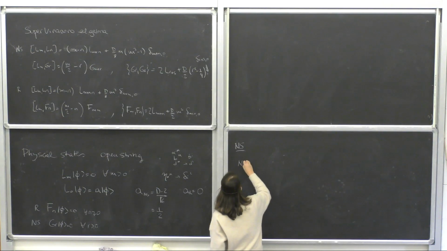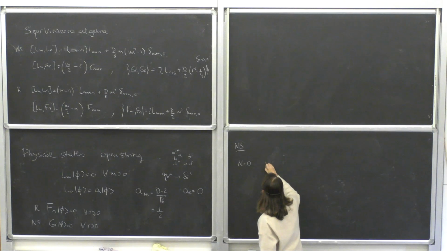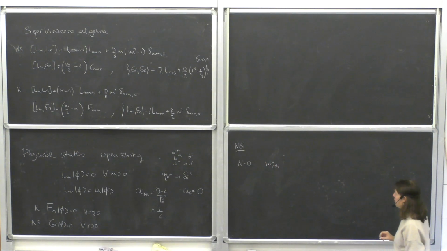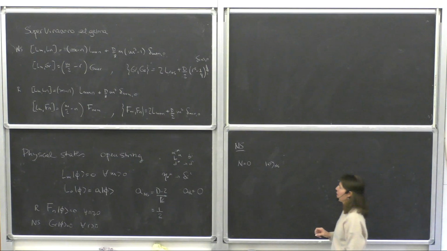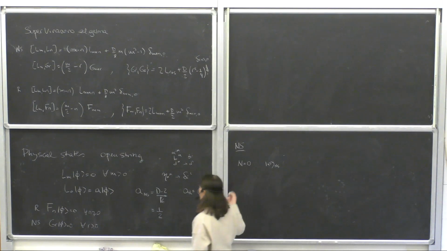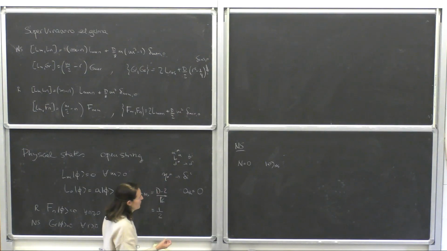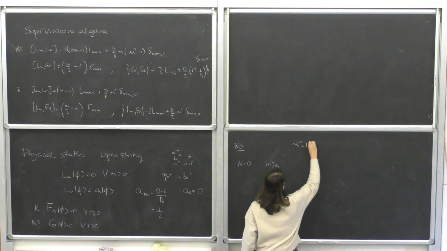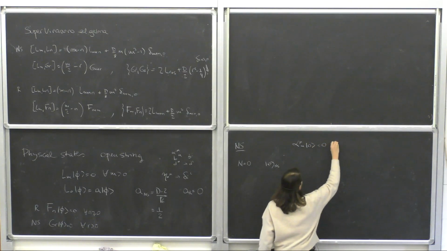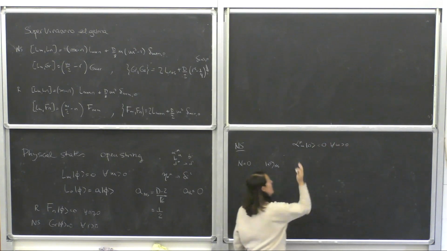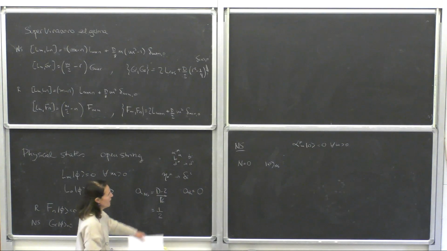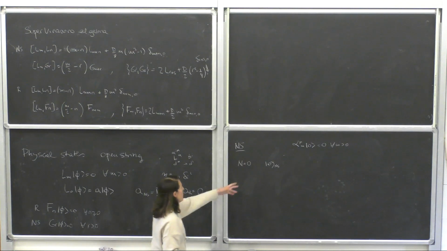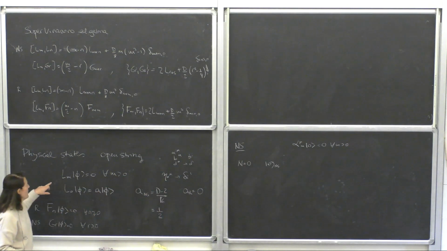So we start at n equals 0. This NS ground state is annihilated by all the annihilation operators: alpha mu m on 0 is equal to 0 for all m greater than 0. So it's trivial to see that this is true.